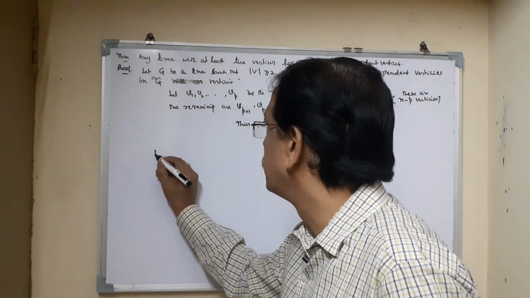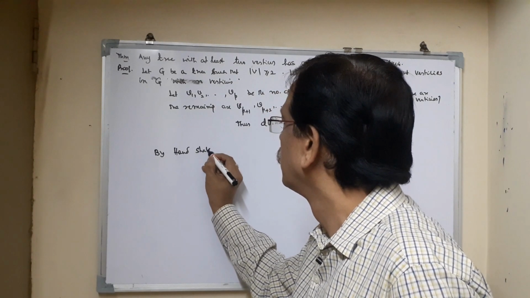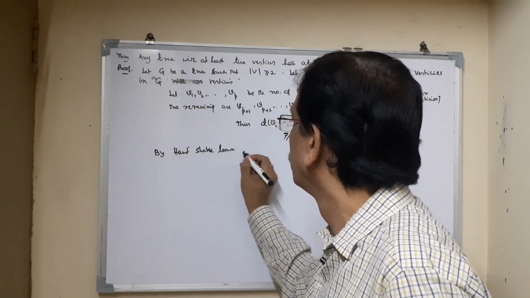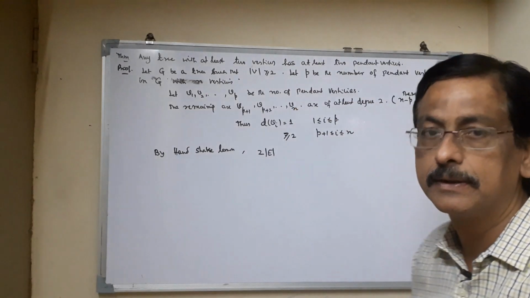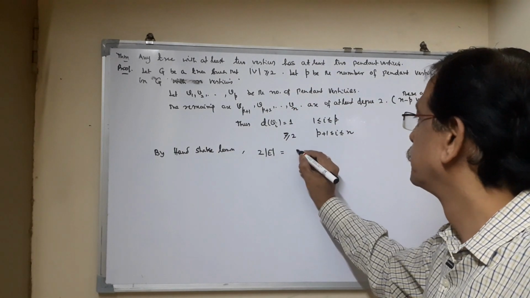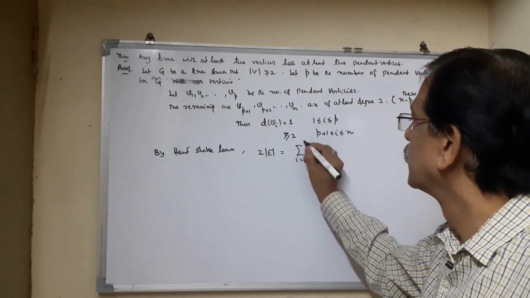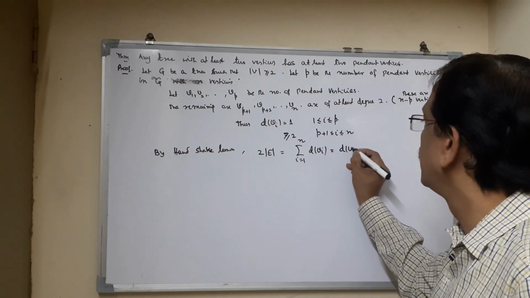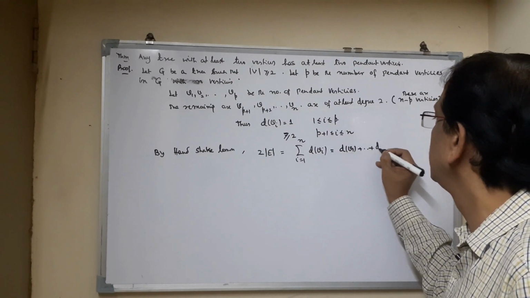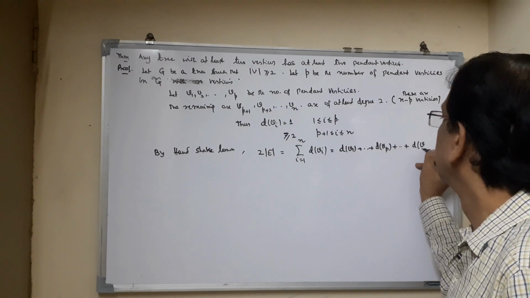By the handshake lemma we have 2 times E, the number of edges, equal to the summation of d of Vi, i equal to 1 to n. So this is d of V1 plus d of V2 plus d of V suffix P, and so on up to d of Vn.